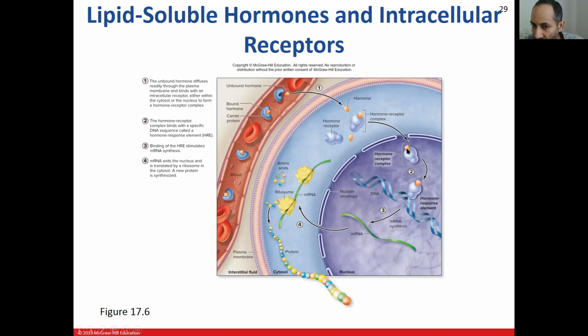So now this lipid-soluble hormone gets to your DNA, and in fact, it affects the way your DNA makes messenger RNA and makes proteins from then on, okay? So in other words, this lipid hormone has affected the way your DNA is transcribing proteins or making proteins for this cell. So this is the whole cycle of how lipid-soluble hormones work, okay?